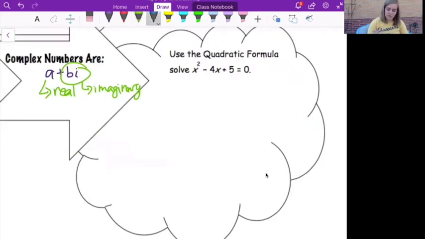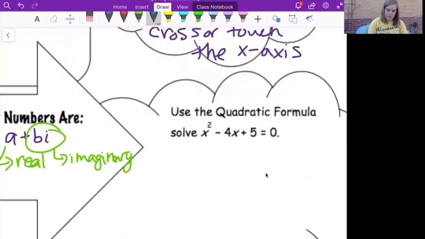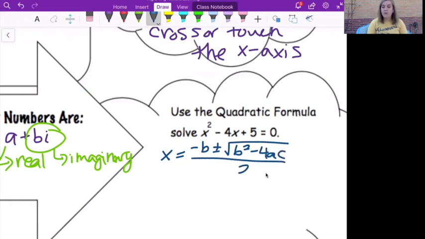So if you don't remember the quadratic formula, you can always sing the song. Pop goes the weasel, x equals negative b plus or minus the square root of b squared minus 4ac all over 2a. Hopefully that is now stuck in your head. Again, just as a reminder, this is going to be our a, our b, and our c value.